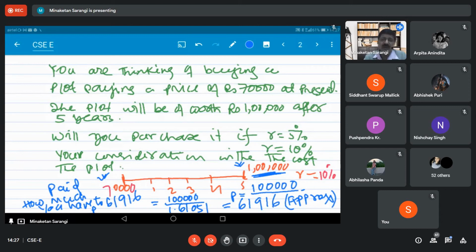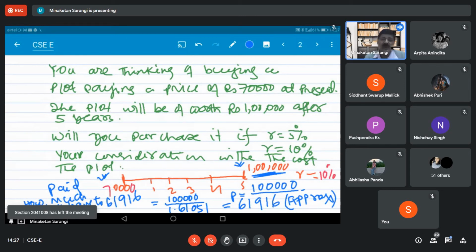Okay. So had it been the case that your consideration is based on how much you will receive, then we would find out the future value of 70,000. Then we would compare 1 lakh with the future value of 70,000. If the future value of 70,000 is greater than 1 lakh, then we will purchase.